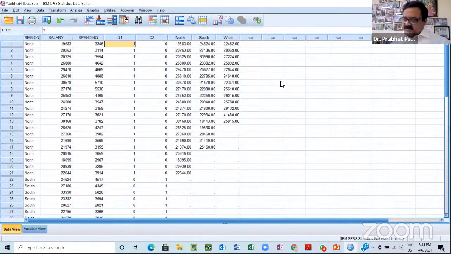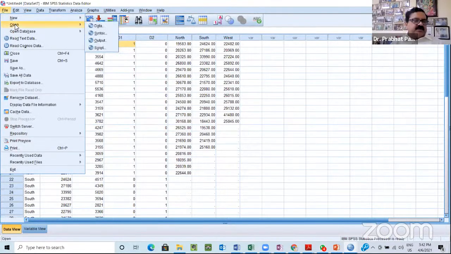Any question before we move to another application of dummy? Any further question? Okay, so we go to file, open.